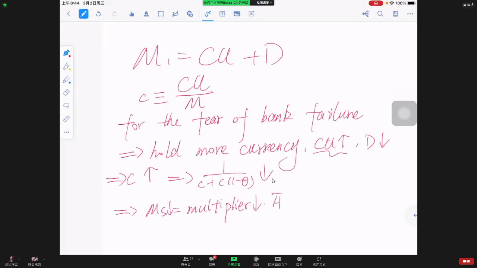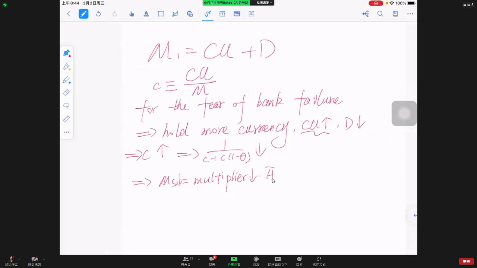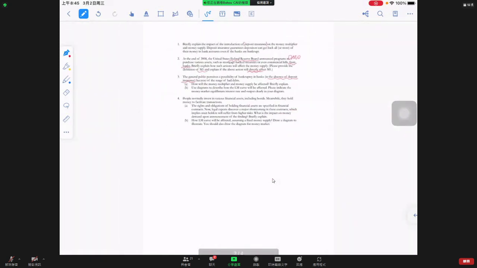With an unchanged high-powered money. Okay, so it was just the opposite way of the first question. So this is question A.